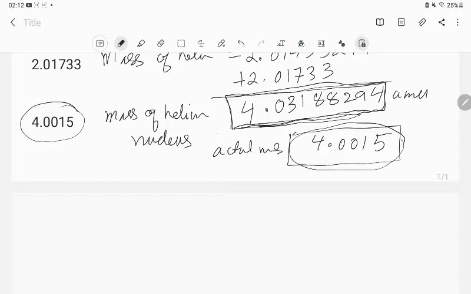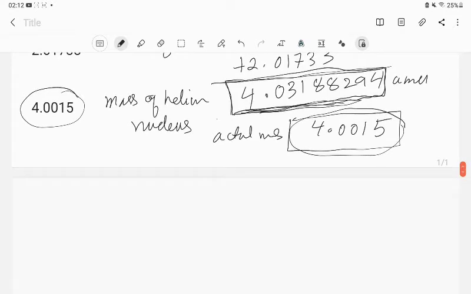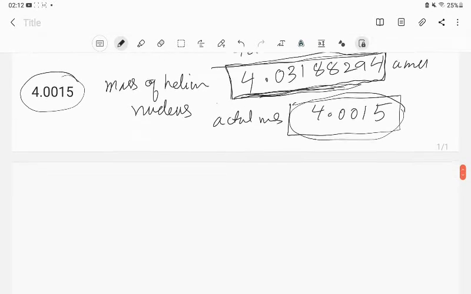This one is bigger. That means some mass is missing, and that missing mass is called mass defect.